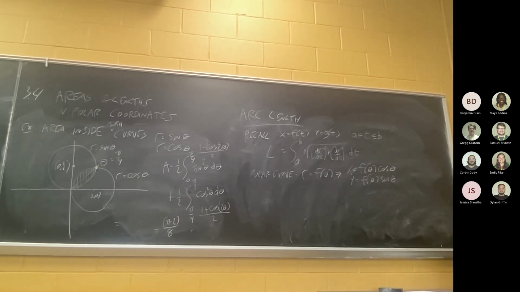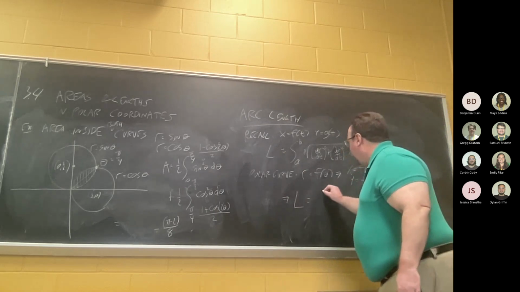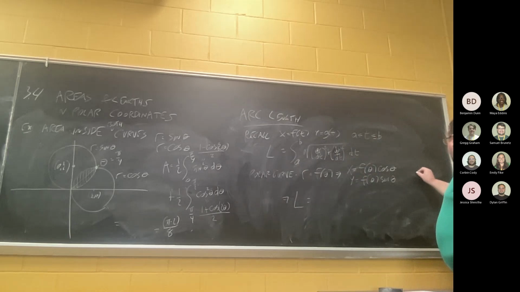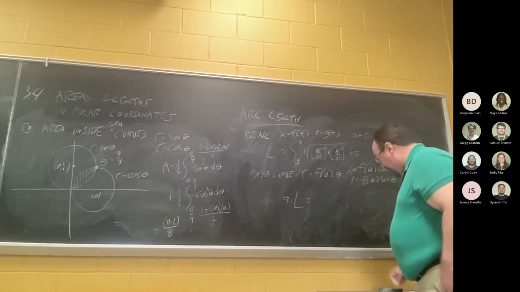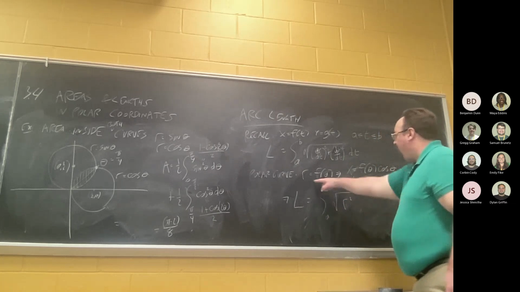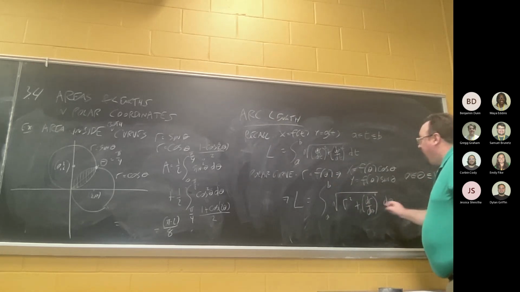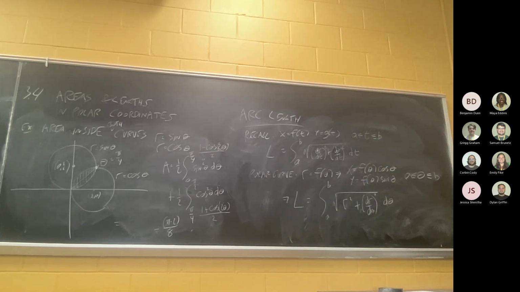But if I actually put this general form in there and work it all out, it simplifies a little bit. If we assume that theta is between a and b, then the arc length turns out to be the integral from a to b of the square root of r squared plus (dr/d theta) squared, d theta. So these two formulas are equivalent, just that this one is for the specific case of x and y defined by r equals f of theta.